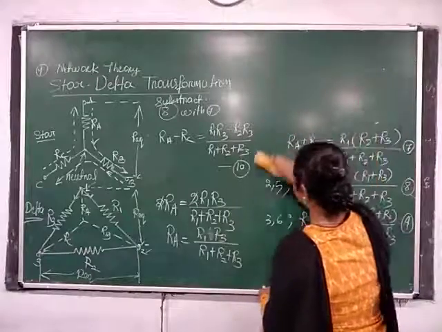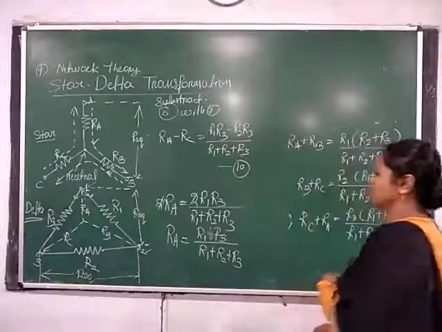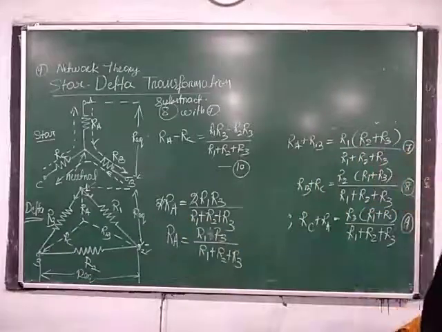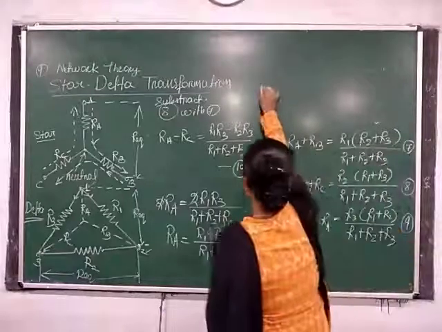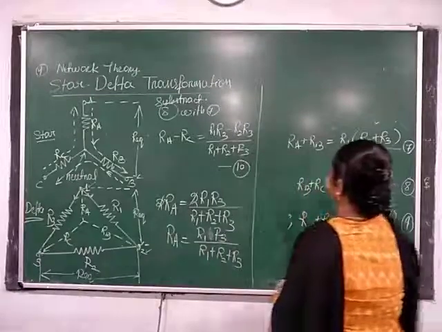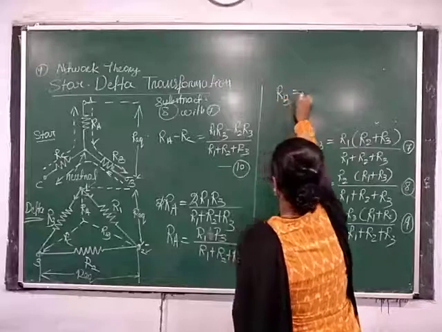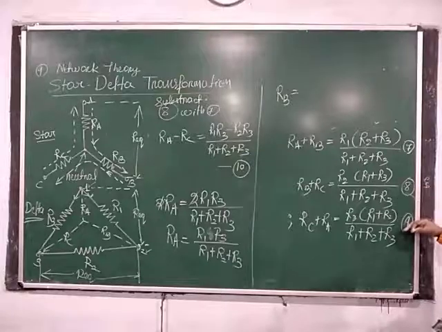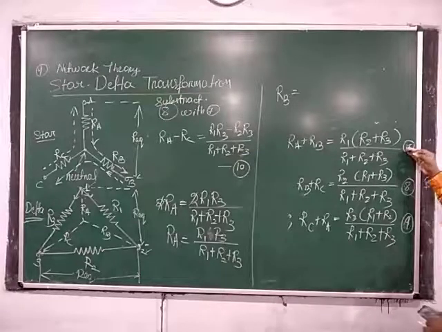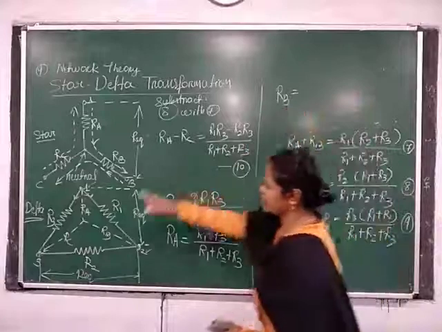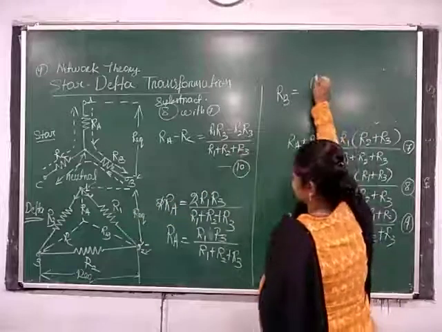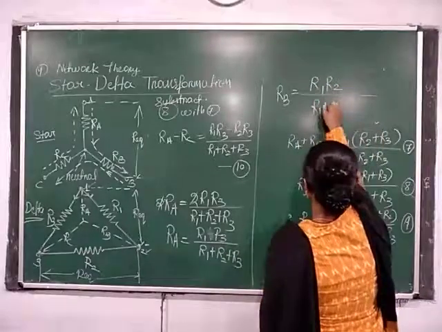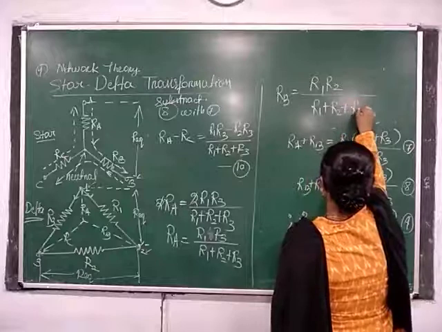Clear? So what result you get? I directly write the result here because one of the star resistances with respect to delta I have already explained, so there is no need to explain RB and RC. How do I get RB? By subtracting equation 8 with equation 9 and adding the result with equation 7, I get RB, that is R1 into R2 divided by R1 plus R2 plus R3.